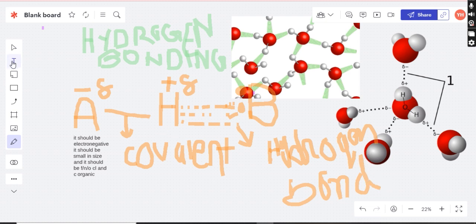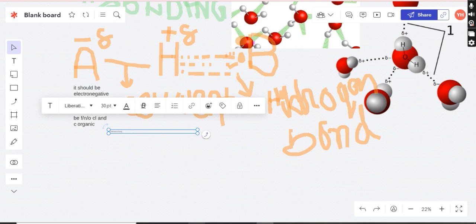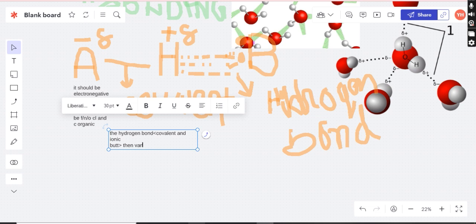There are certain things that I'm going to write as points so that you keep them in mind. The hydrogen bond is weaker than covalent or ionic bonds, but stronger than the van der Waals forces that we have studied: ion-dipole interaction, instantaneous dipole and dipole-dipole. These are all the forces that we have studied previously, the van der Waals forces, right?